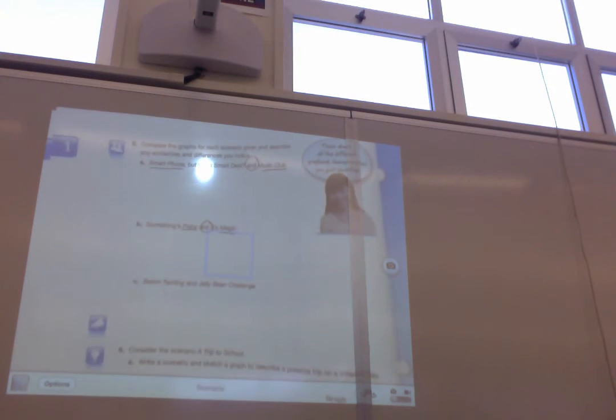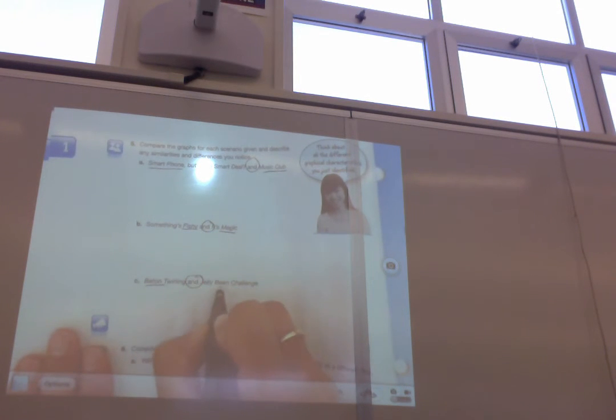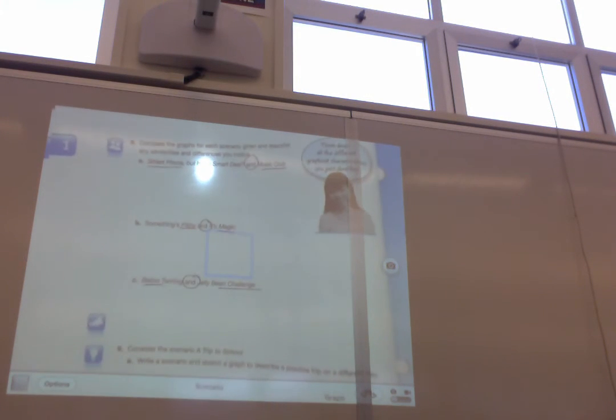So instead of looking at big, broad pictures, we're narrowing it down. I think we're going to divide and conquer here. These two tables, you're going to look at smartphone and music club, two graphs, and think about similarities and differences in those two graphs.